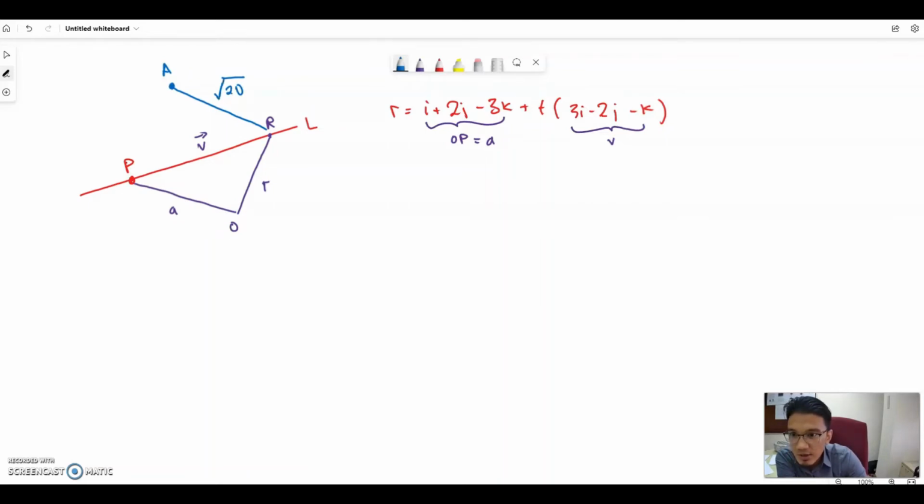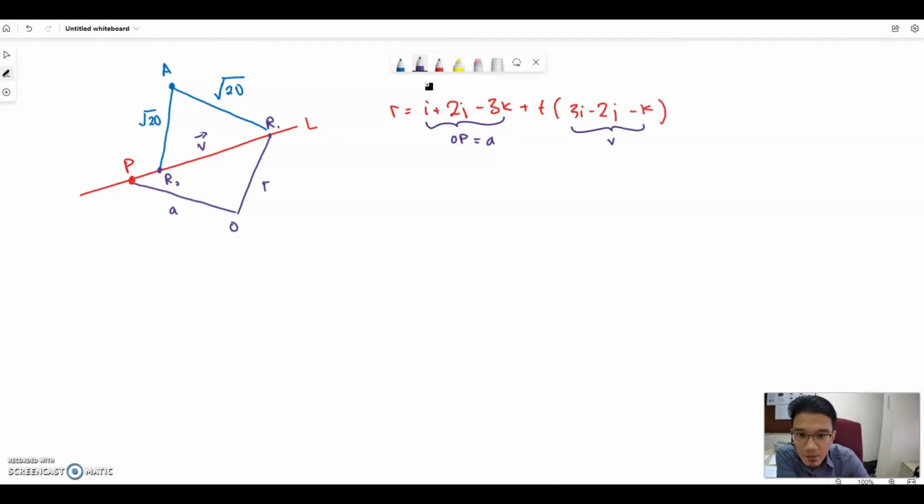Another one could be right here, another square root of 20. Let's label these as R2 and R1.